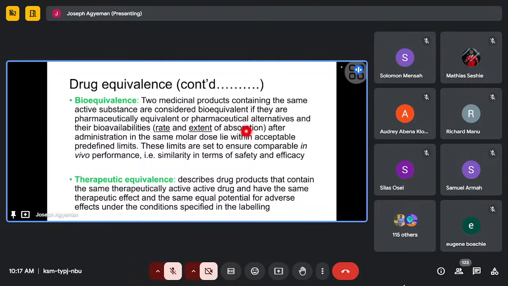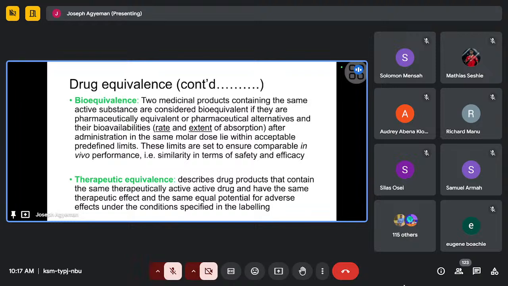But the good thing is that their bioavailability, that is the rate and the extent of absorption from the site of administration, they are similar and they fall within the acceptable predefined limits.